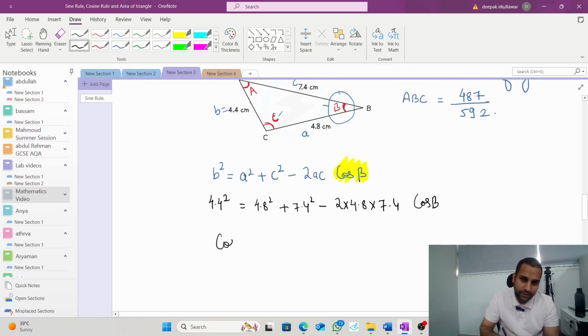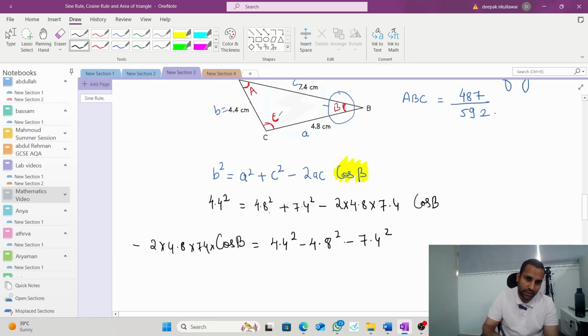I will do it step by step. So this is minus 2 into 4.8 into 7.4 cos B. What is on the other side now? 4.4 square minus 4.8 square minus 7.4 square. I have moved this to the other side.